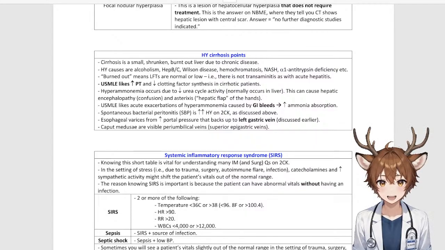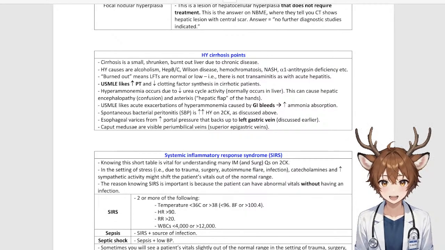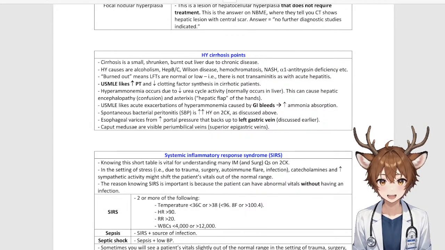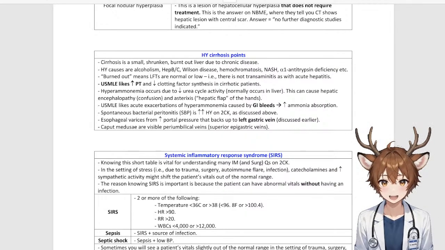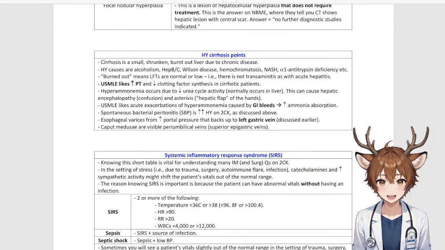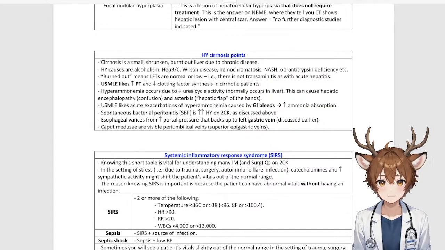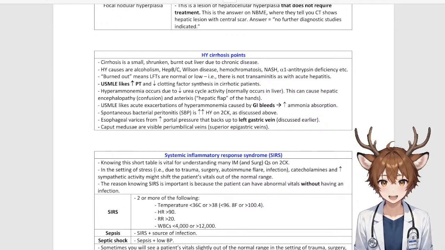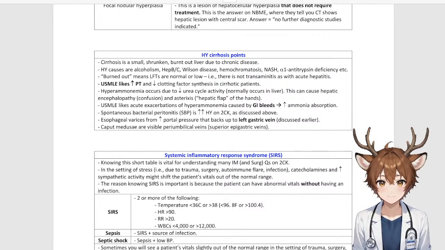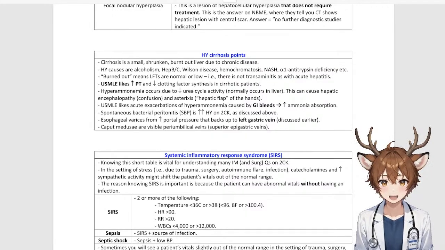USMLE likes increases in PT and decreases in clotting factor synthesis in cirrhotic patients. Hyperammonemia occurs due to the decrease in urea cycle activity that normally occurs in the liver. This can cause hepatic encephalopathy, confusion, and asterixis, hepatic flap of the hands. USMLE likes acute exacerbations of hyperammonemia caused by GI bleeds, leading to an increase in ammonia absorption.